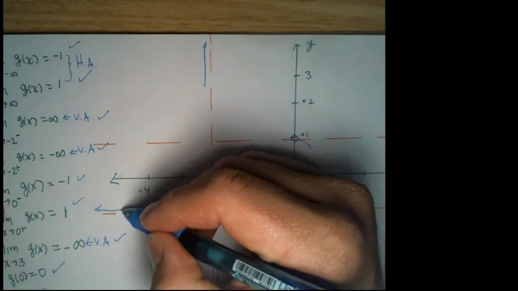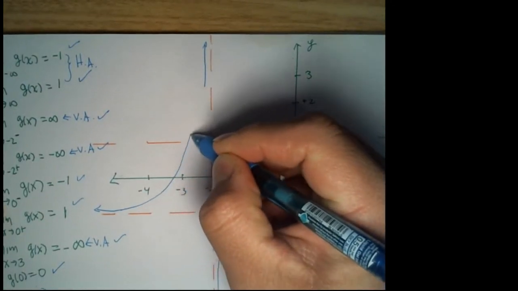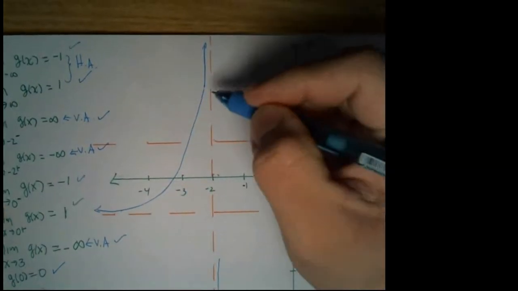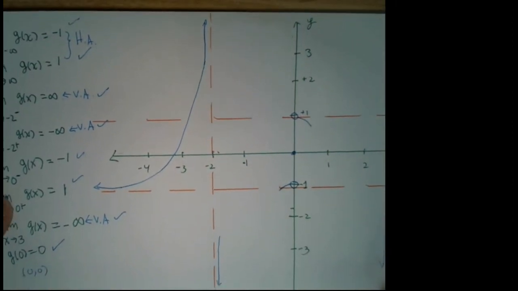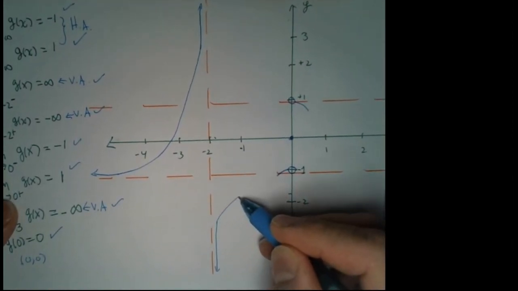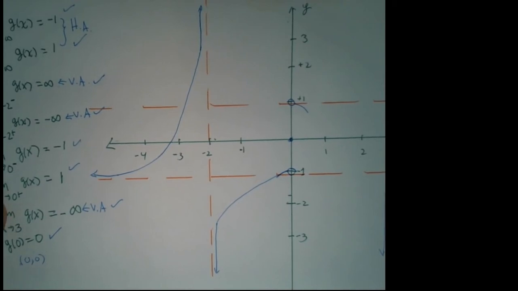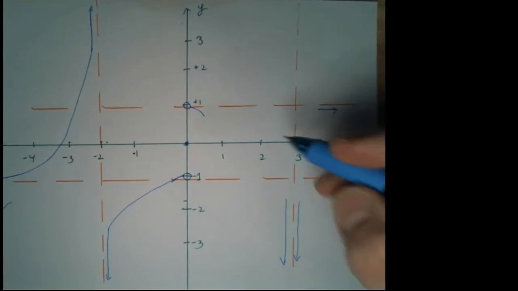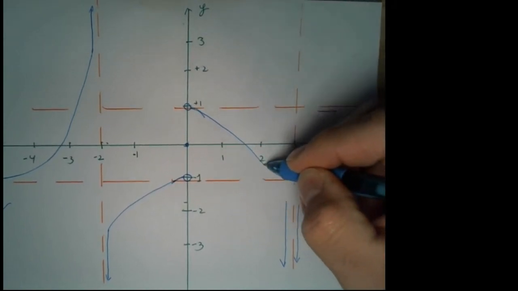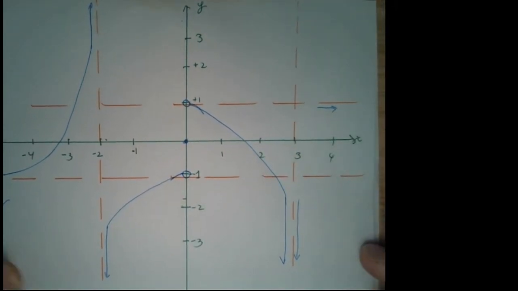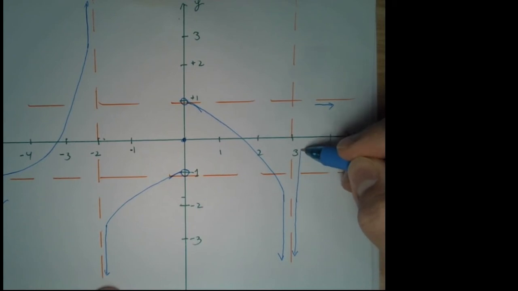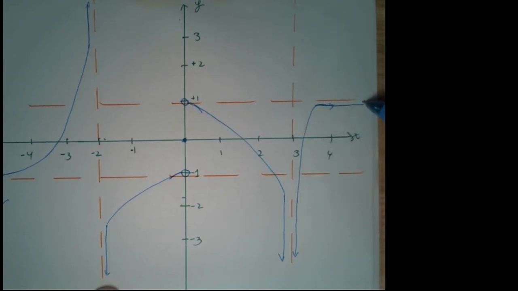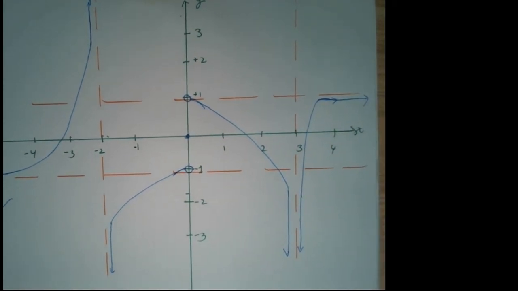So one thing I can do is say, we'll do that right there. This can go there. Then over here, it does something like this, and then up here, it does something like that.